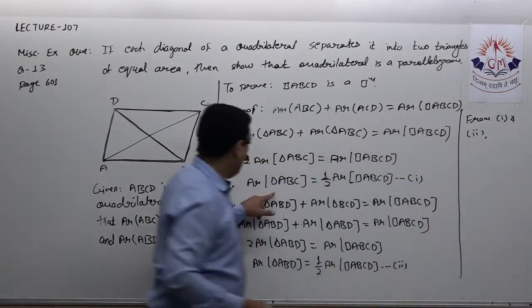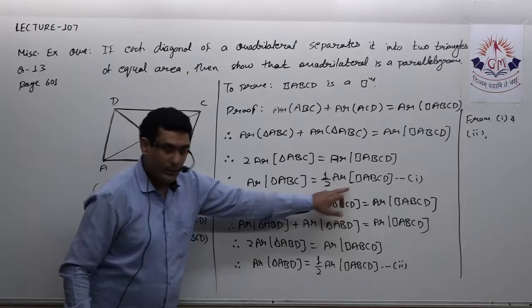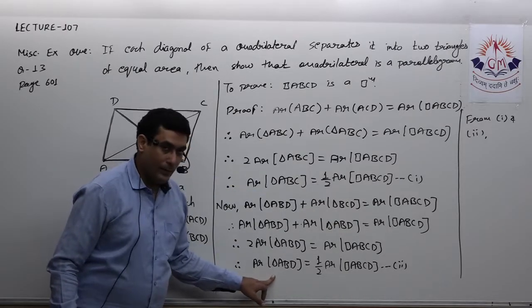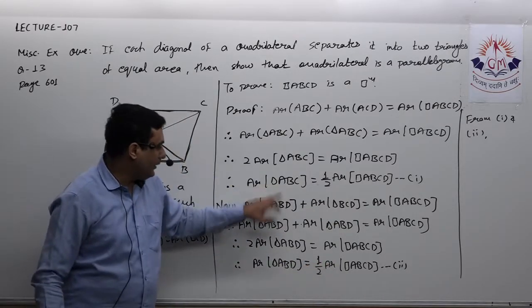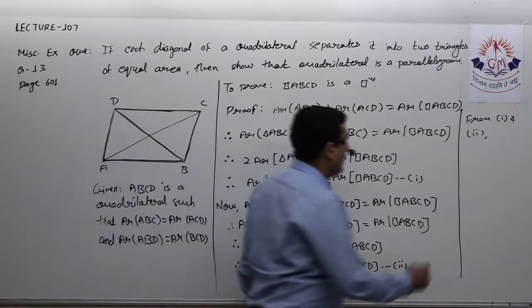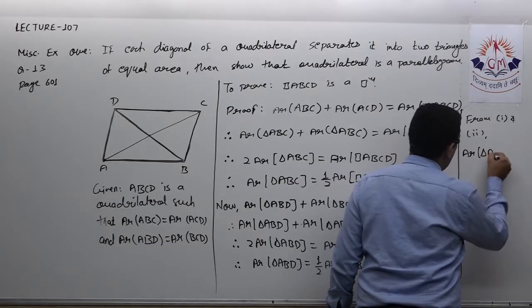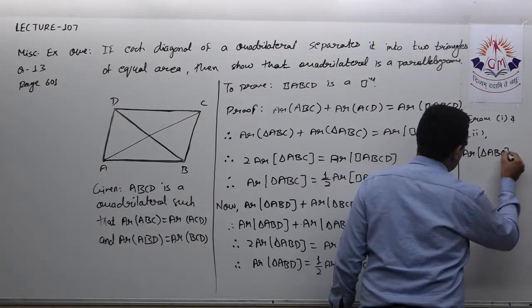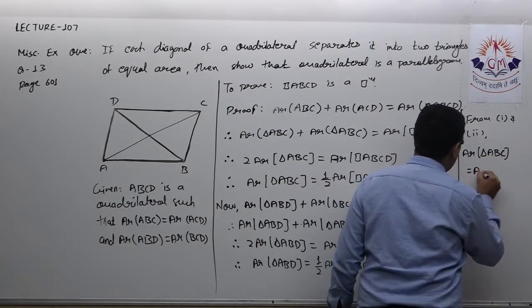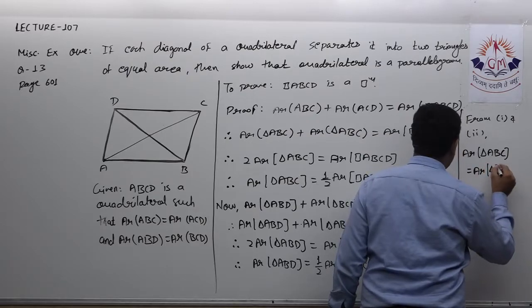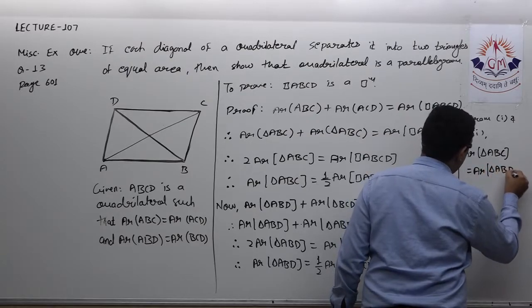The first says area ABC is equal to half of ABCD. The second says area ABD is equal to half of ABCD. That means these two will be equal to each other. From first and second I can say area of triangle ABC is equal to area of triangle ABD.